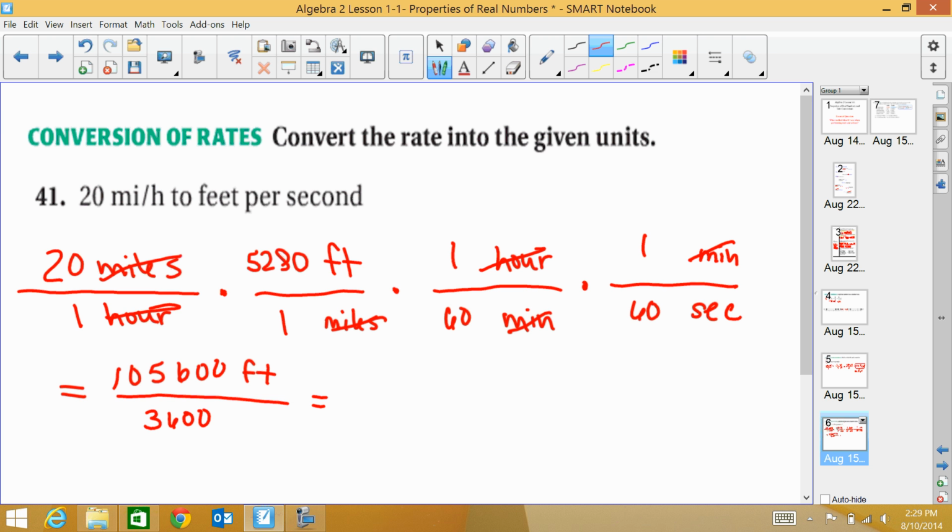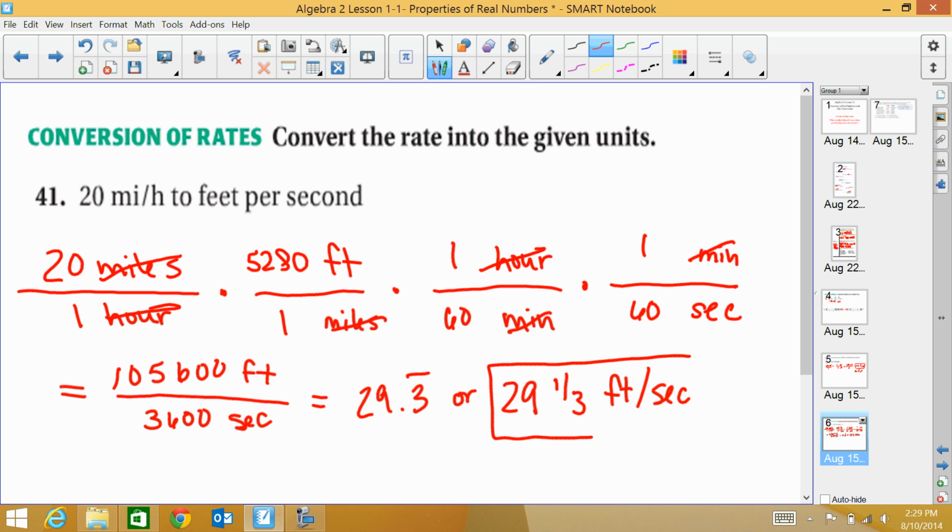So we take 105,600 divided by 3,600, which comes out to be 29.3 repeating, or that's 0.3 repeating is equal to 1/3, so it's like 29 and 1/3 feet per second. These were seconds on the bottom, so that's how I know it's feet per second. So this would be your answer.